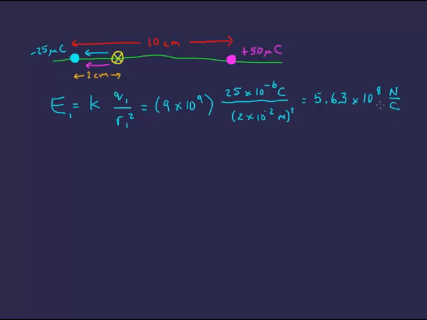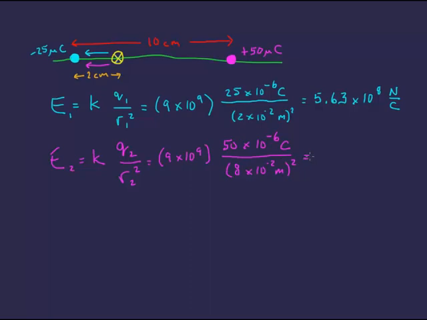Now for the second one, E2, k Q2 over r2 squared. And we'll have 9 times 10 to the 9. This charge is 50 times 10 to the negative 6 coulombs over 10 minus 2, aka 8 times 10 to the negative 2 meters, which then needs to be squared.